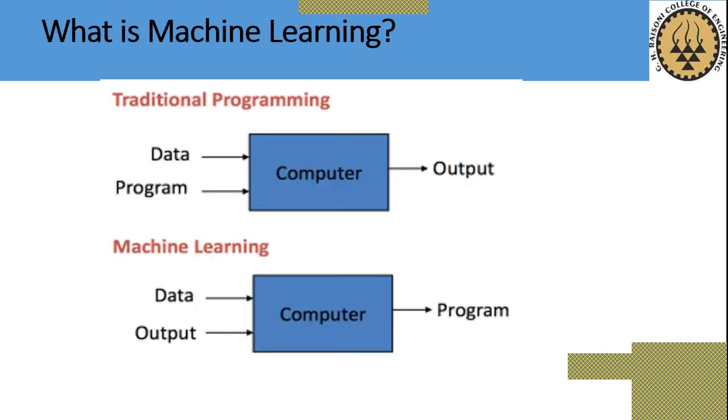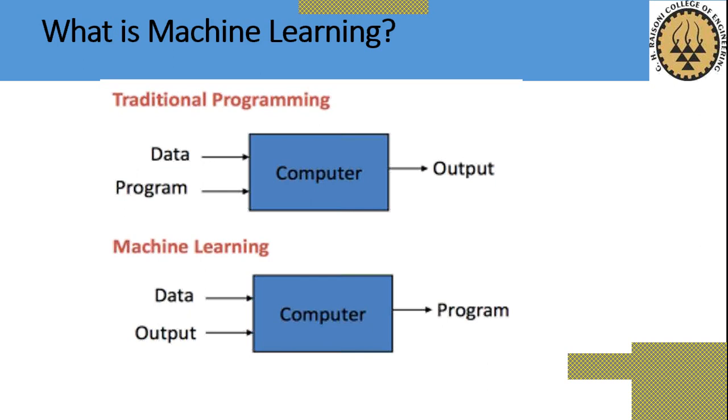Now let us see how the machine learning algorithm works. Compared to a traditional program, it is totally different. How is it different? Let us see. In traditional programming, we require the data and the program.